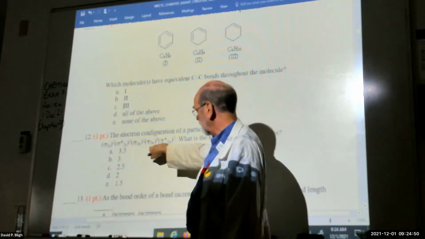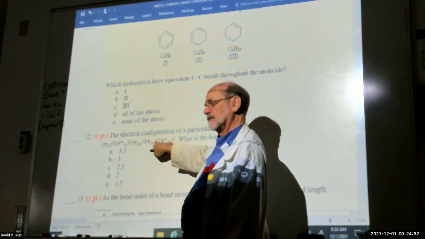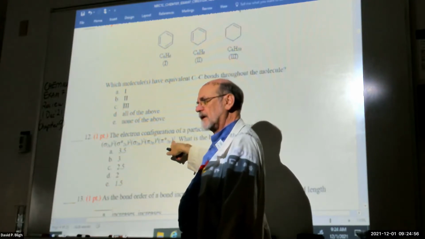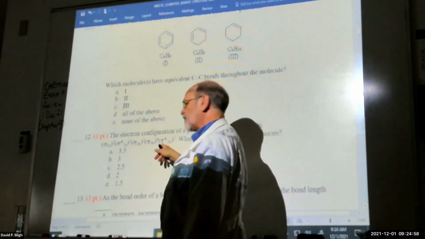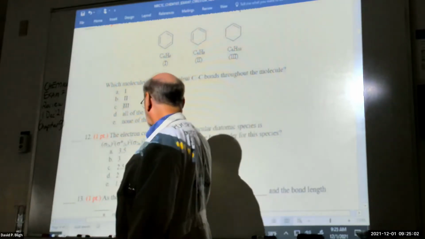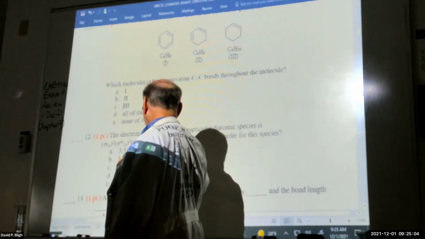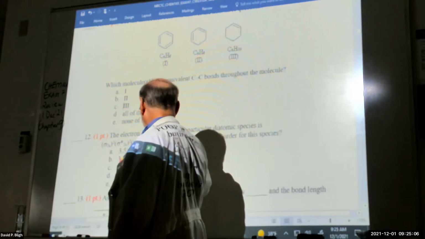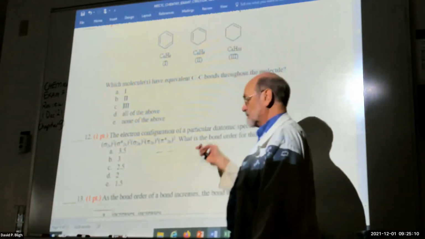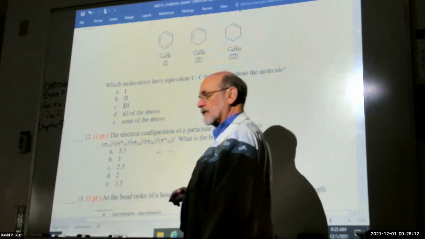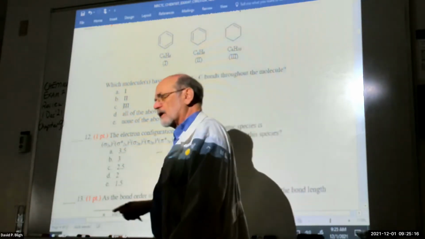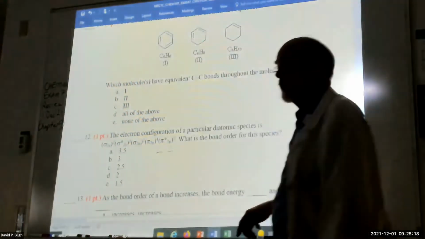So that says that this pi is full. This pi only has 2. And when you see 2 in a pi orbital, whether it's pi bonding or pi anti-bonding, we use Hund's rule, and those 2 have to be in separate orbitals. So they're unpaired. This is important for interpreting whether or not they're paramagnetic or diamagnetic.